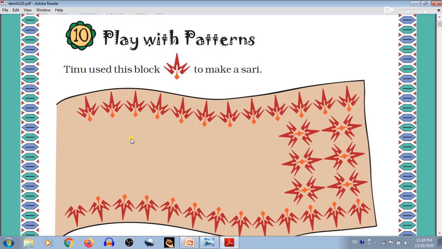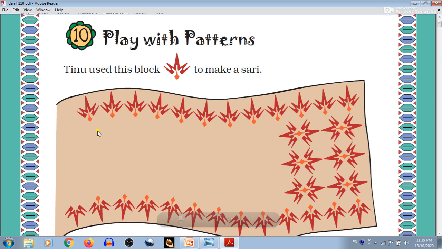This is chapter number 10, Play with Patterns. Here you see a very beautiful design of a sari. You see here this particular picture is repeating to make this beautiful design. So this beautiful design is called a pattern.